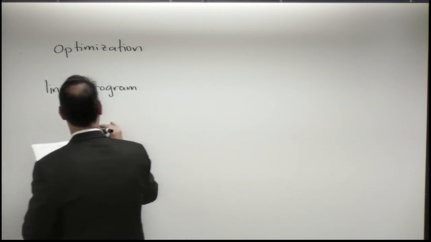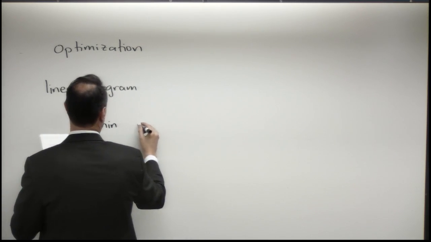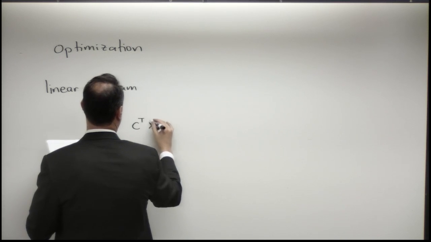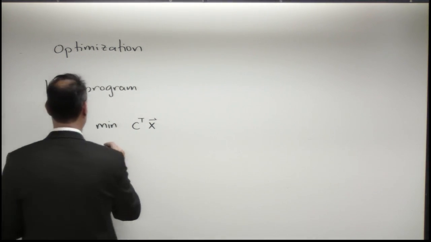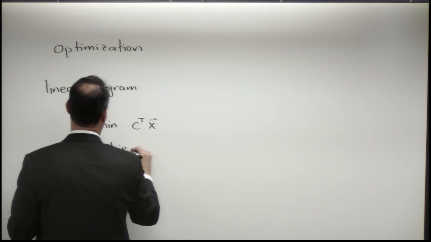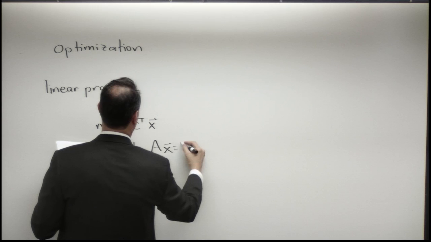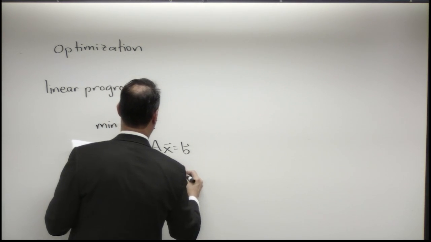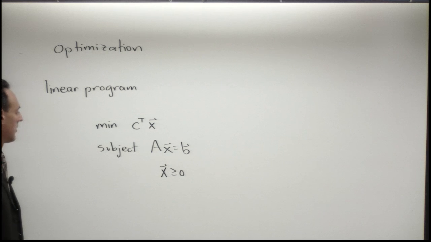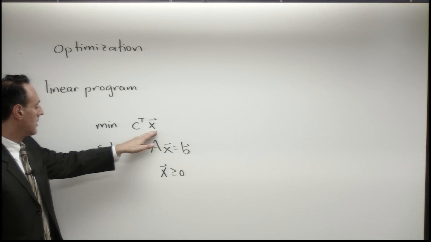You want to minimize, again, it's an optimization problem, minimize some quantity, subject to, here is where the constraints come in, subject to something like this. So you have some quantity x. This is what you're trying to determine.